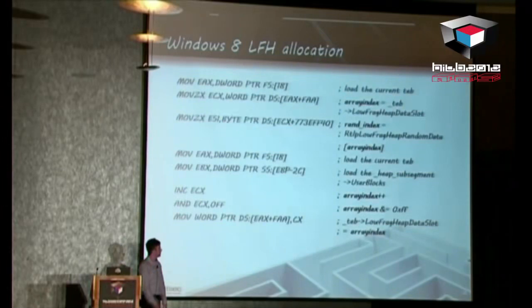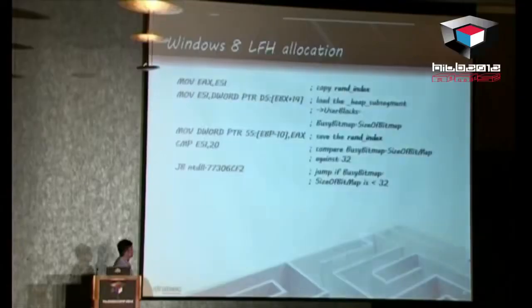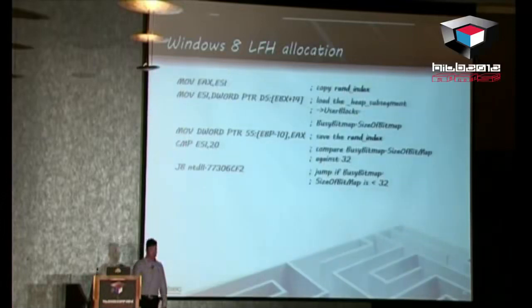Once that is obtained, the index is incremented and then written back into the heap data slot. We continue along, and what actually happens here is a comparison on the size of the bitmap to see if it's smaller than 32, so if we've got some chunks available that we can allocate from at this point forward.